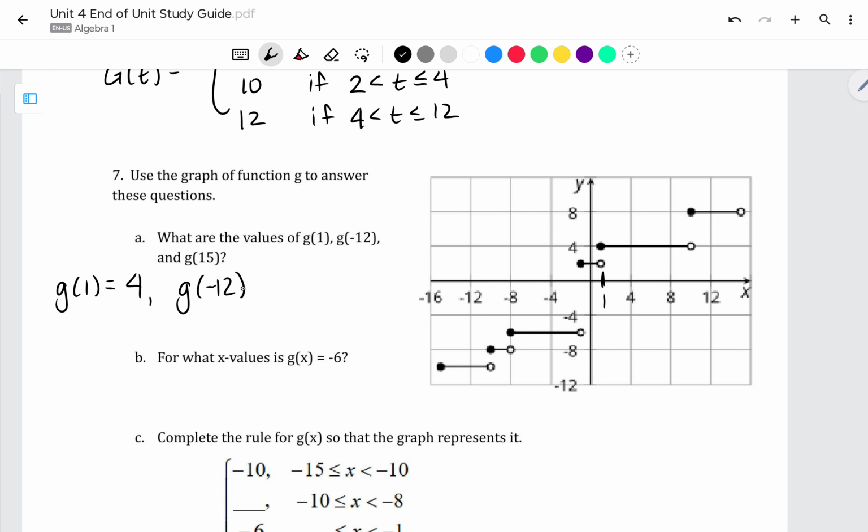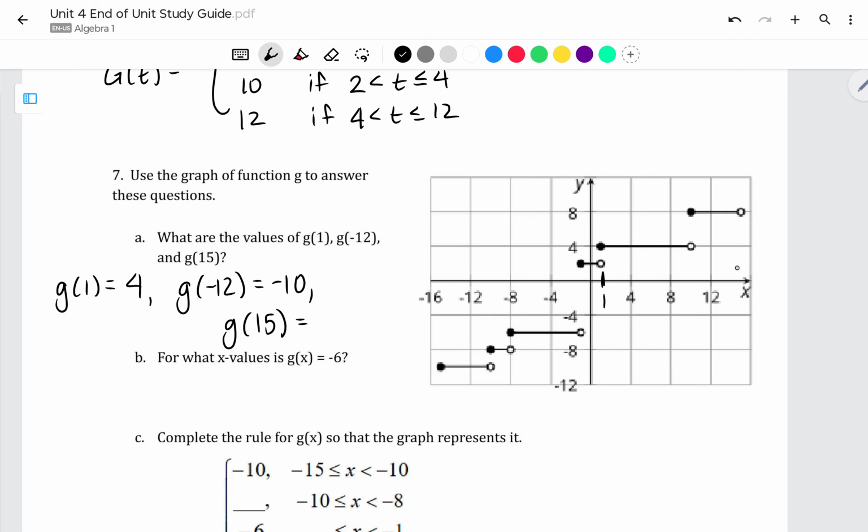G of negative 12. Negative 12 is down here, and the output at negative 12, let's assume that's right in the middle, so we're going to say negative 10. And then G of 15. These are by 4s, so 12, then 16.